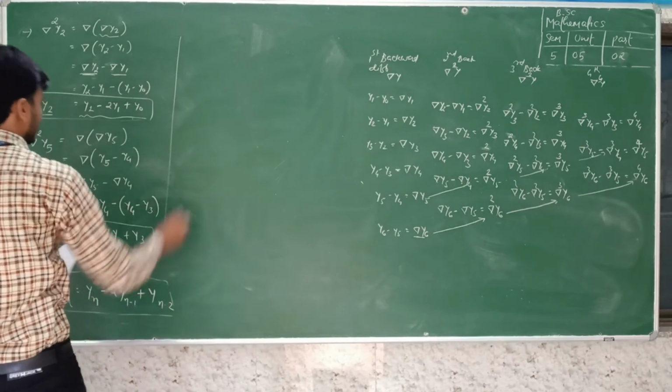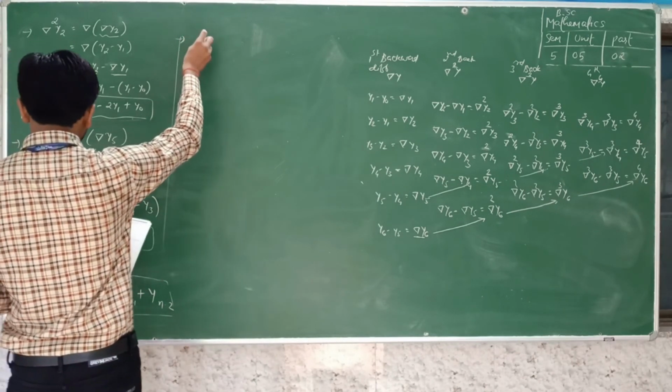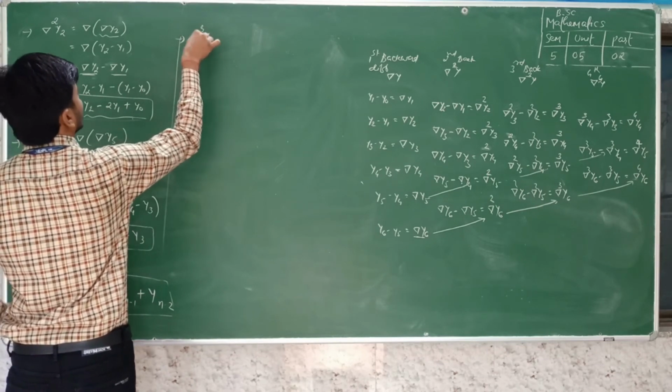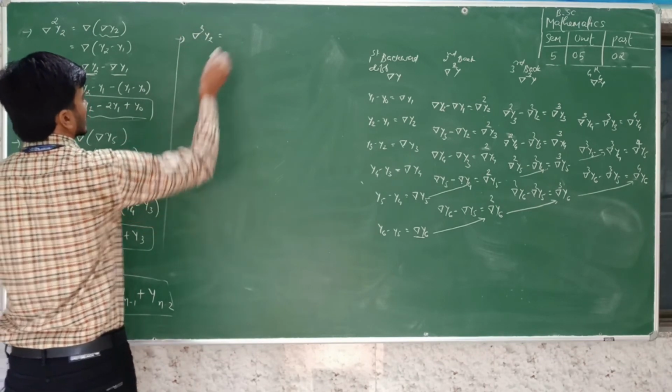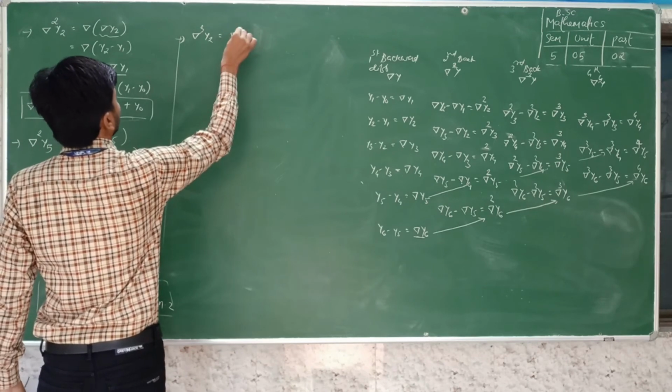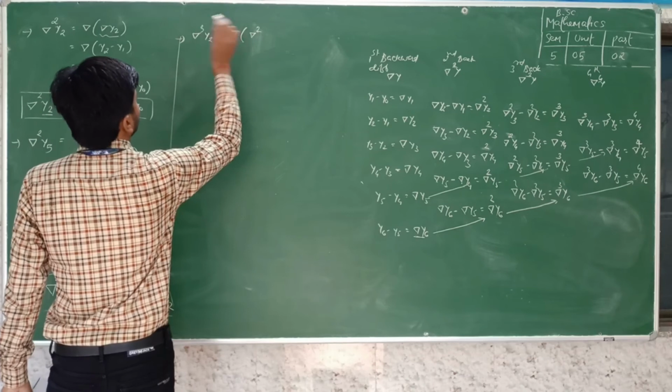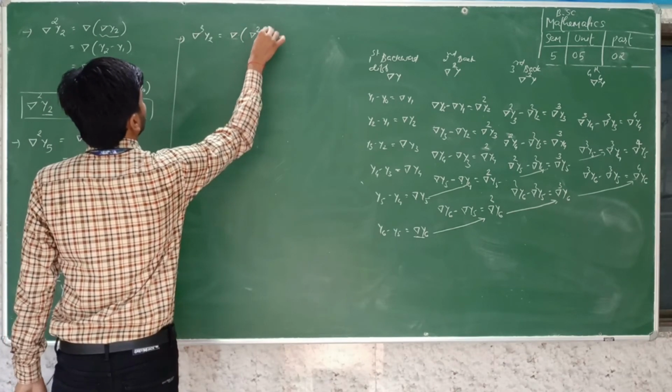Same, suppose third backward difference of y2. So the third backward difference means nabla into nabla square y2.